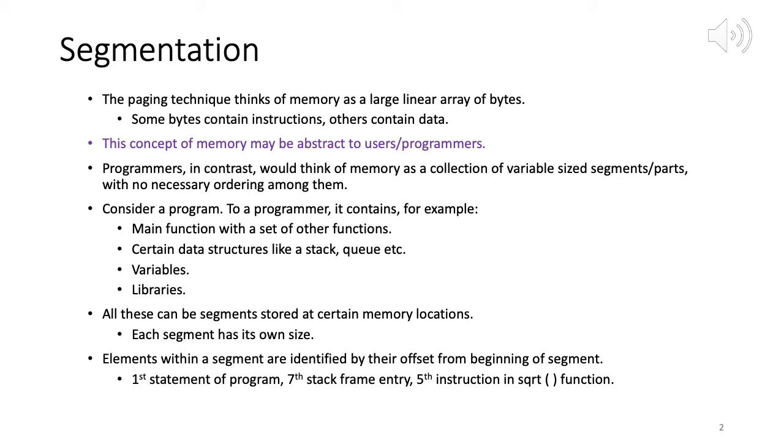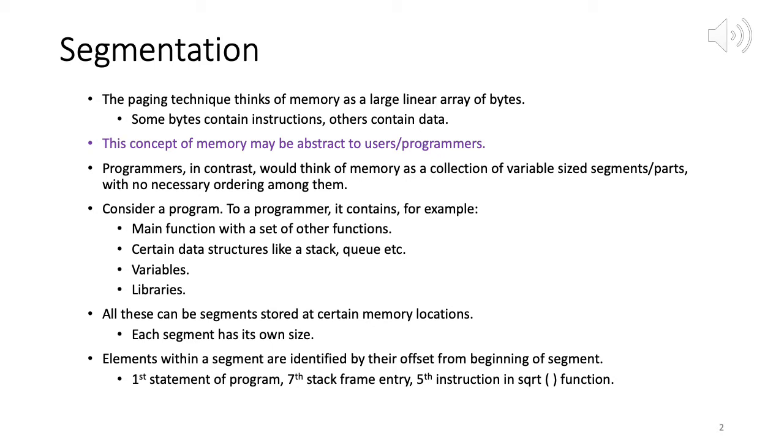Okay. So this concept of memory may be abstract to users or programmers. If I'm an application developer writing a program or building an application, naturally I have to look at the memory requirement part of it. Thinking about memory as an extremely large array of bytes may be a bit inconvenient, a bit abstract.